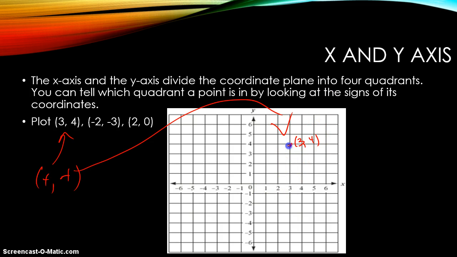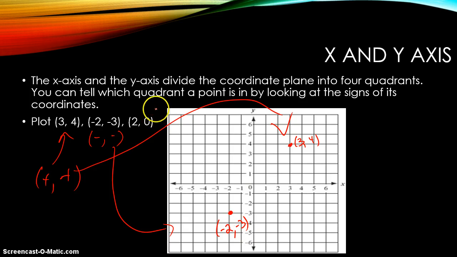The next point, -2, -3. Negative, negative is in quadrant 3. So 2 over to the left, and 3 down. My point is right there. Again, -2, -3.